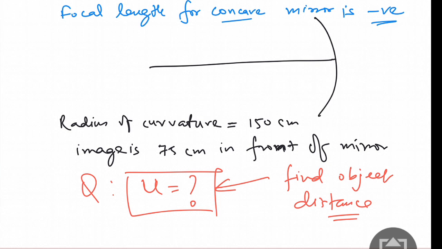Image is formed at focus, right? Because see, if the radius of curvature is 150 centimeters, the image is 75, so 75 centimeters is the focus, which means object is at infinity.